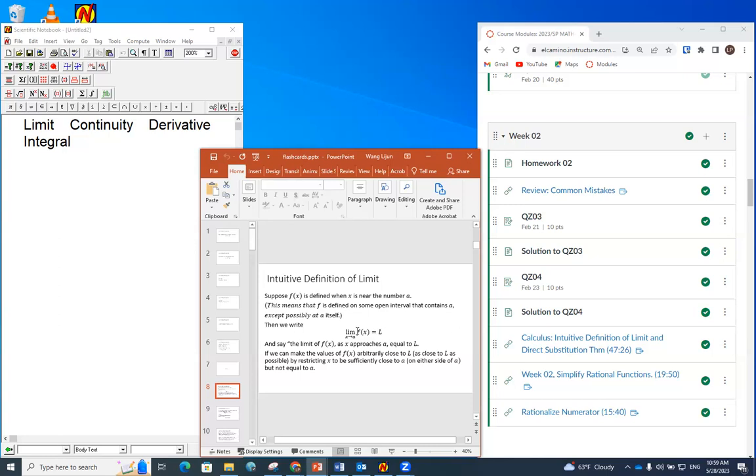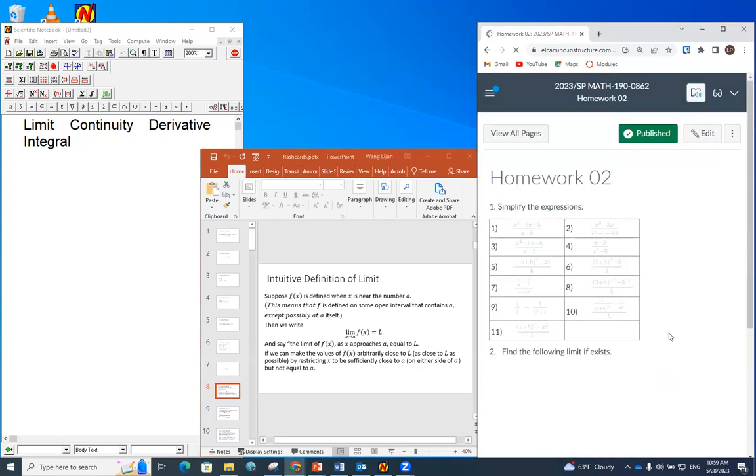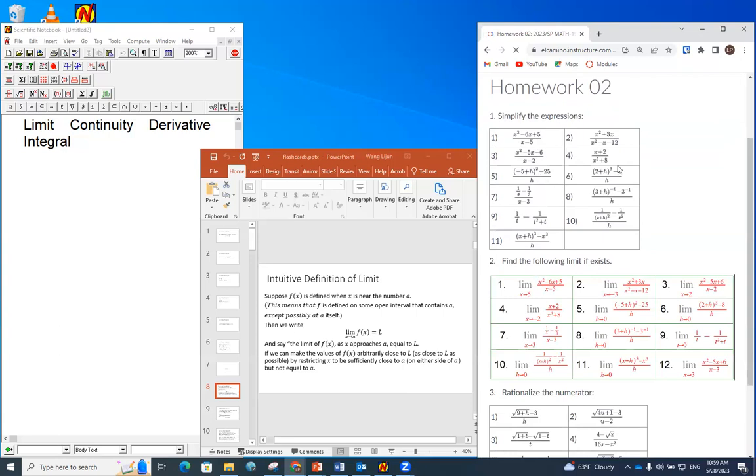Every time you see that limit symbol, you are in that kind of environment. If you remove that symbol from your expression, then that definition no longer applies. So when you look at the homework questions you're working with, the expression with the limit or the expression without the limit actually mean completely different things.